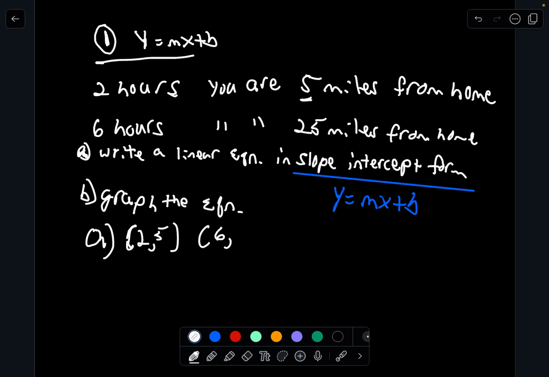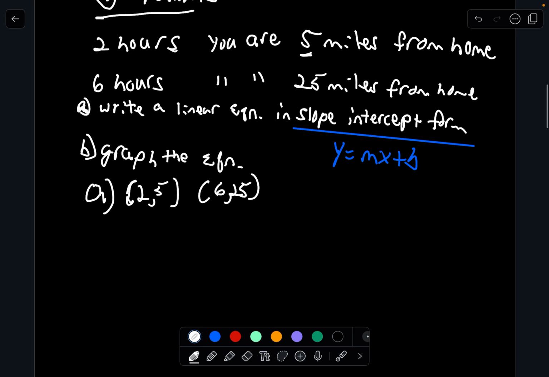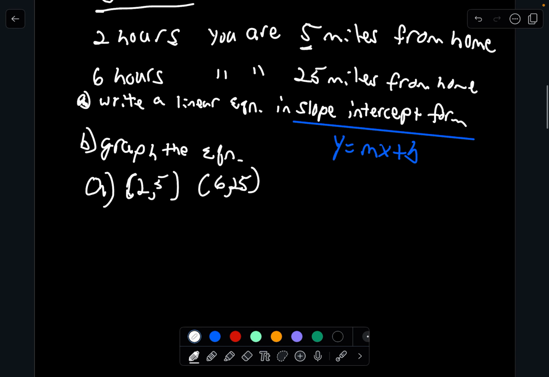And then the other is 6, 25. Remember, m is the slope and b is the y-intercept.